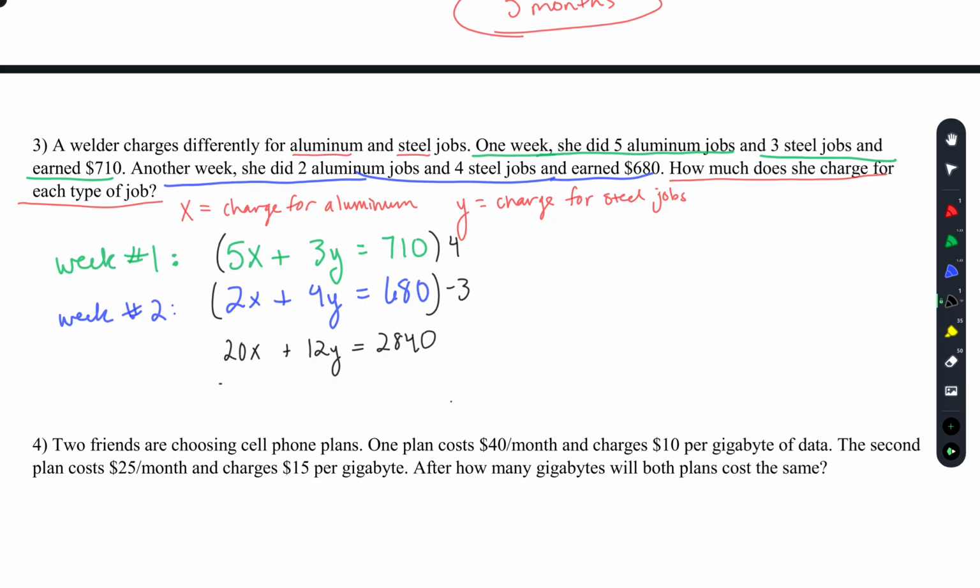Then this would be -6x minus 12y equals negative 2,040. I can't do that in my head. Ugh, look at these. Ew. Okay, but it's fine. We're just going to deal with it.